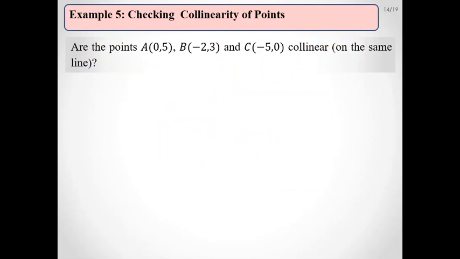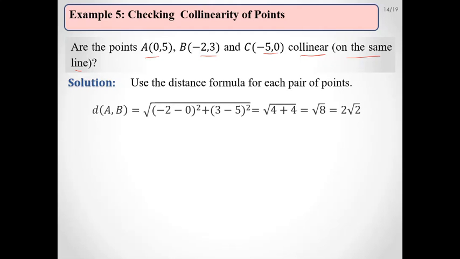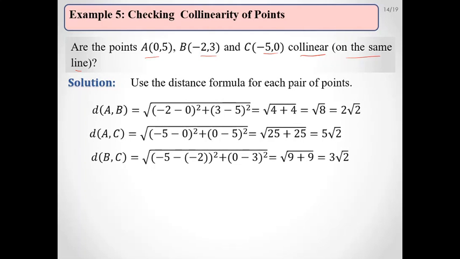Now let's look at this problem here. Example: are these points collinear? So are they on the same line? What we have to do is check the distances between them. We check the distance between each pair of points, A, B, A, C, B, C. And then you check.